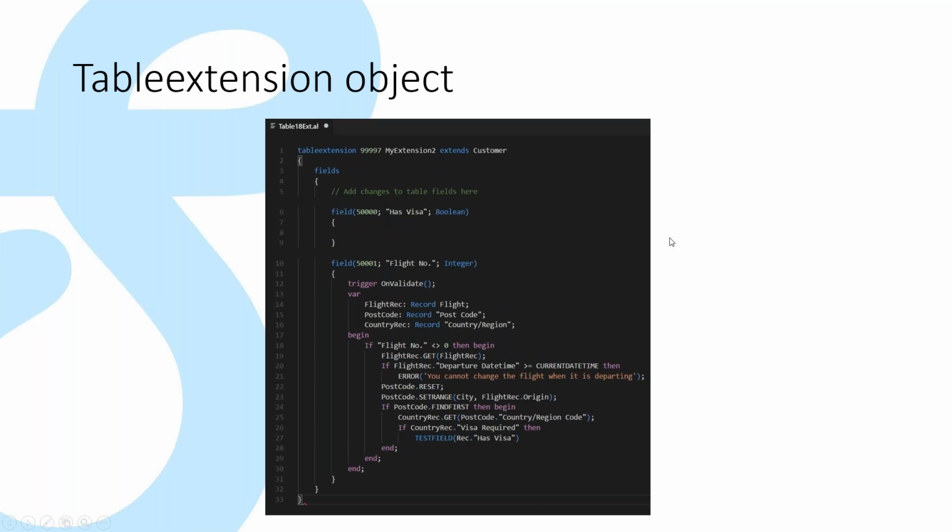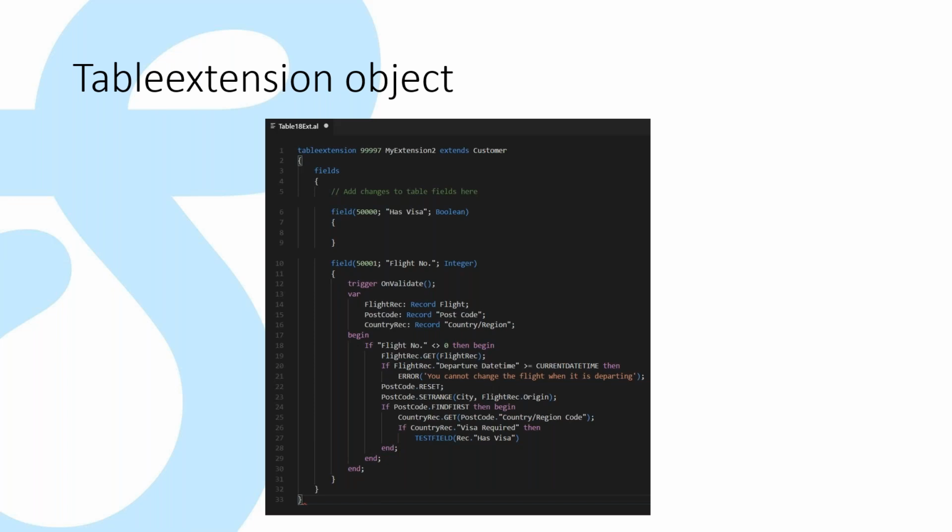One new object for you is probably the table extension object. This follows the same structure, except it has a new logic of working. A table extension has its own ID, which can be the same as a table ID. For example, if we have table 50,000, we can have a table extension object with the same ID.